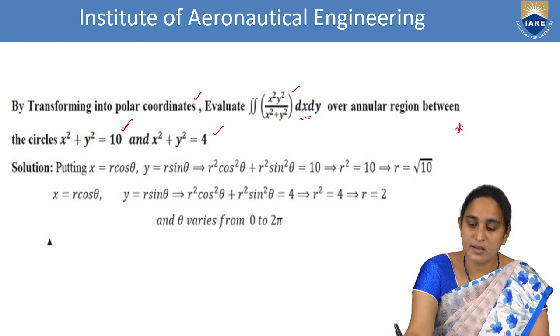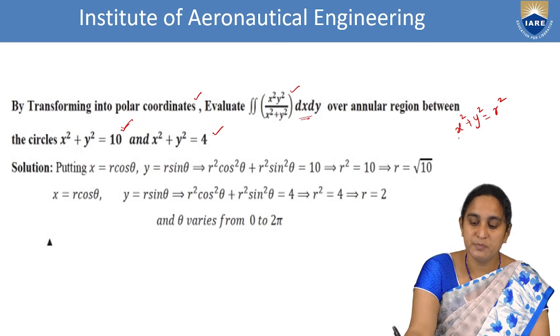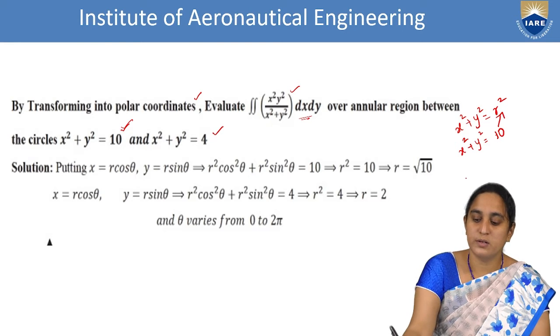Now I'll take x square plus y square is equal to r square. From the first circle, x square plus y square is equal to 10, r square is equal to 10. From that, r is equal to how much? Root 10.